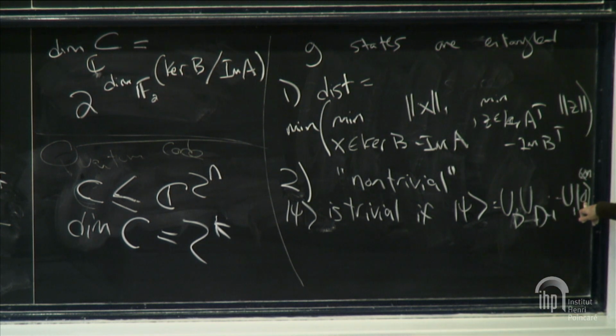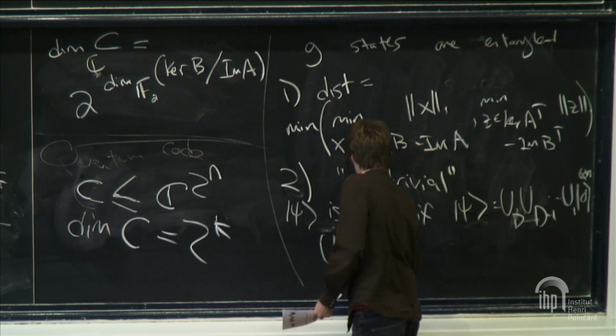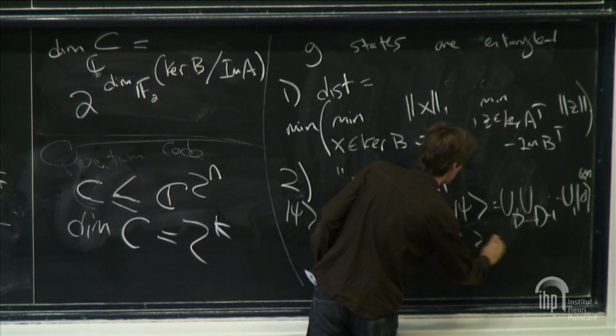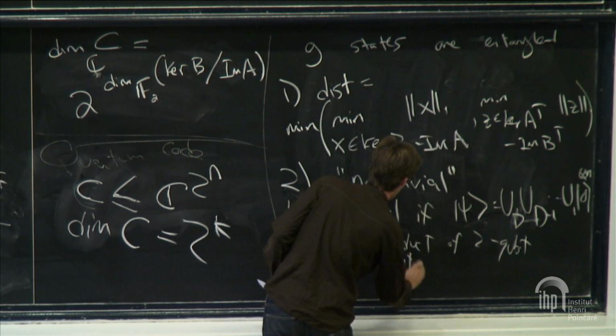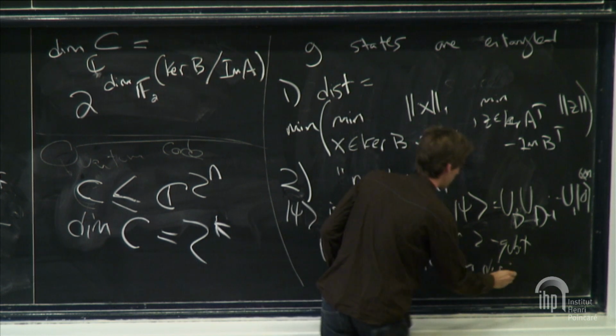So you start with the all-0 state, and you apply d unitaries, and each U_i is a product of 2-qubit unitaries on disjoint pairs.